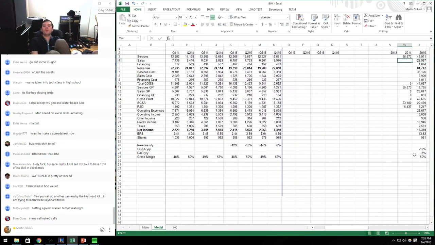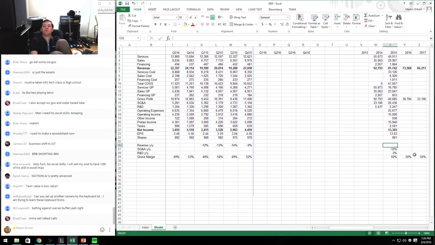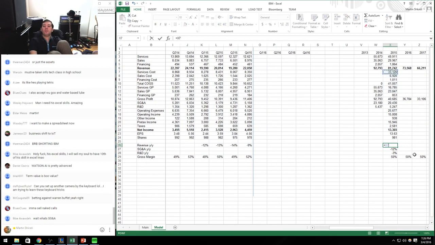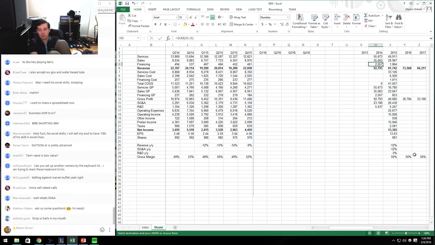When your revenue is falling faster than your costs, your profit will really start to fall. And you can see that's kind of what happened here. The revenue dropped 12%. They cut their SG&A by 12%. They didn't cut their R&D by 12%. They only cut it by 3%, which I think is somewhat telling.